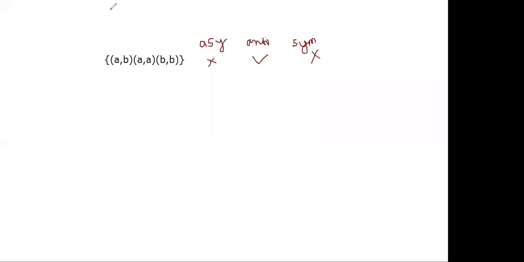Okay. So another example. AA, BB, CC. Okay, just find out if it is asymmetric.